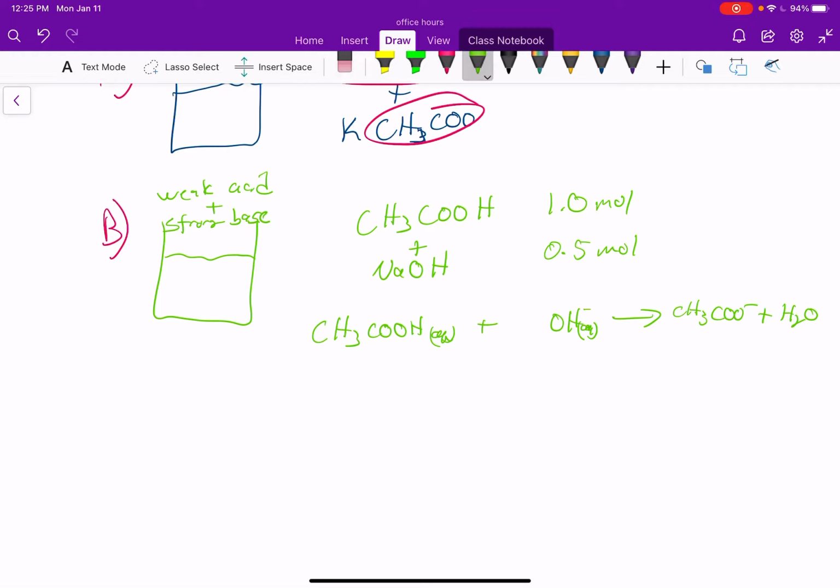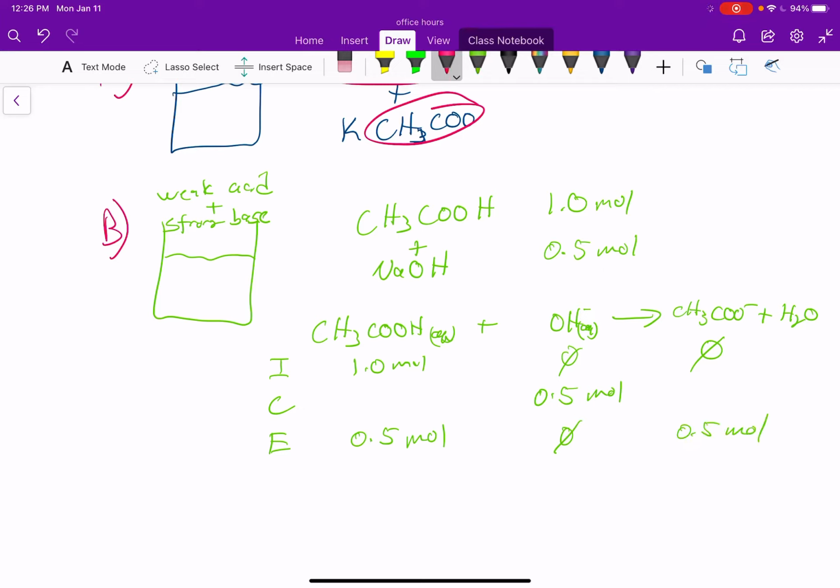So if initially I have 1.0 moles of this, I don't have any of this yet, and then we're going to add to this 0.5 moles of the hydroxide, then at equilibrium, this becomes 0.5 moles, that goes down to 0, and this becomes 0.5 moles.